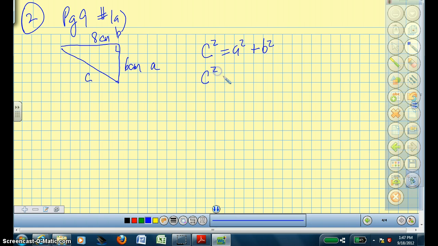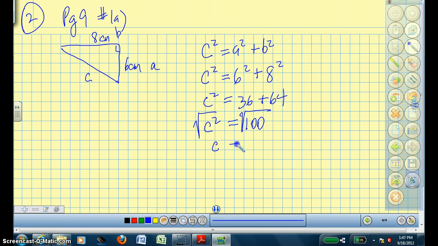C squared equals 6 squared plus 8 squared. That means C squared is equal to 36 plus 64. C squared is equal to 100. If I take the square root of both sides, that means the length of C is 10 centimeters. Okay, so this would be 10 centimeters here.